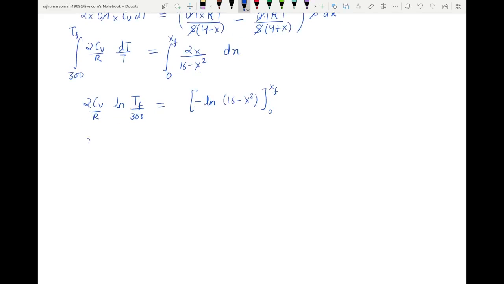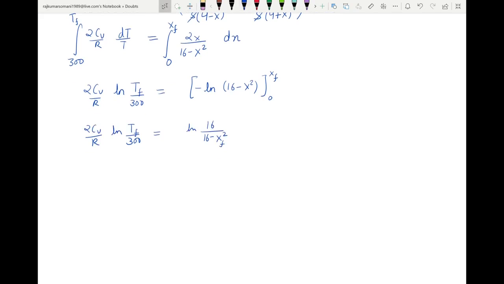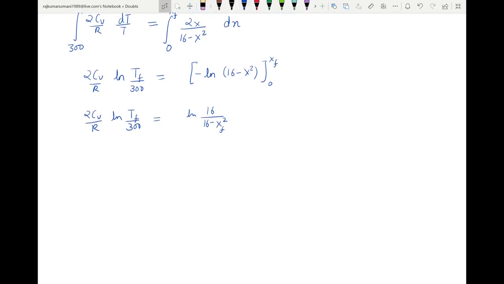So 2 Cv by R ln (TF by 300) is equals to natural log of 16 divided by (16 minus xf square). So now we have an equation between TF, final temperature, and final displacement.